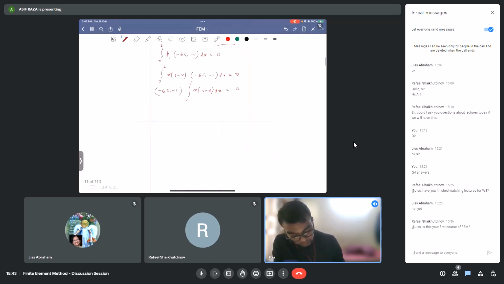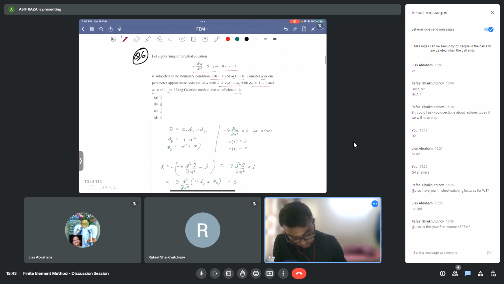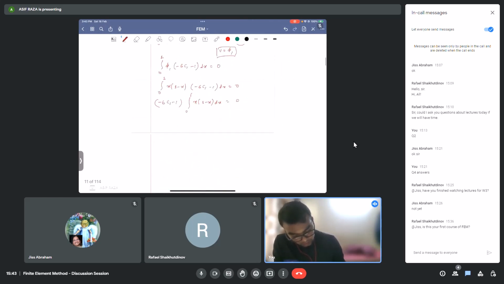I could have just said c1 equal to 1 by 6, but it's better I just solve it further. So 6 c1 plus 1 times the integral of x times 1 minus x, that is x minus x square, dx equal to 0.